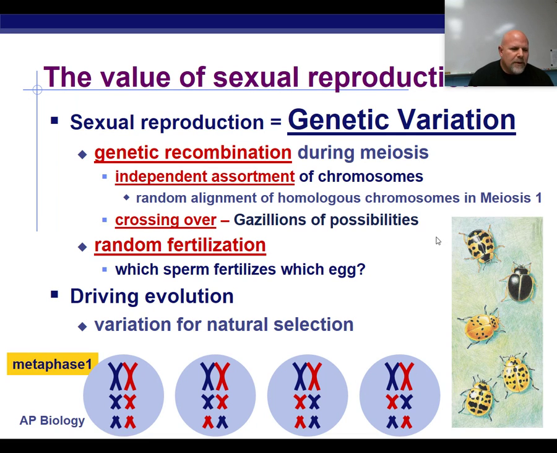You have a couple of things going on. You have independent assortment of genes during meiosis 1. You have crossing over that takes place during meiosis 1. And then when gametes are coming together, you have random fertilization of gametes that's also going to cause some variation.